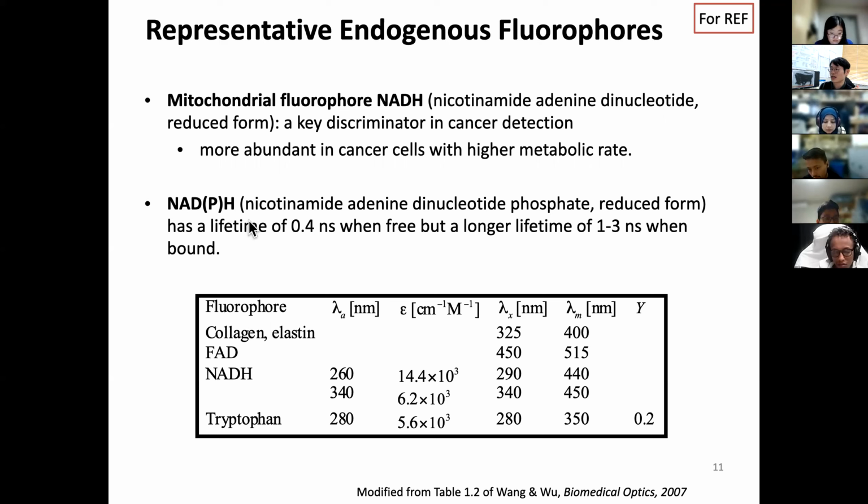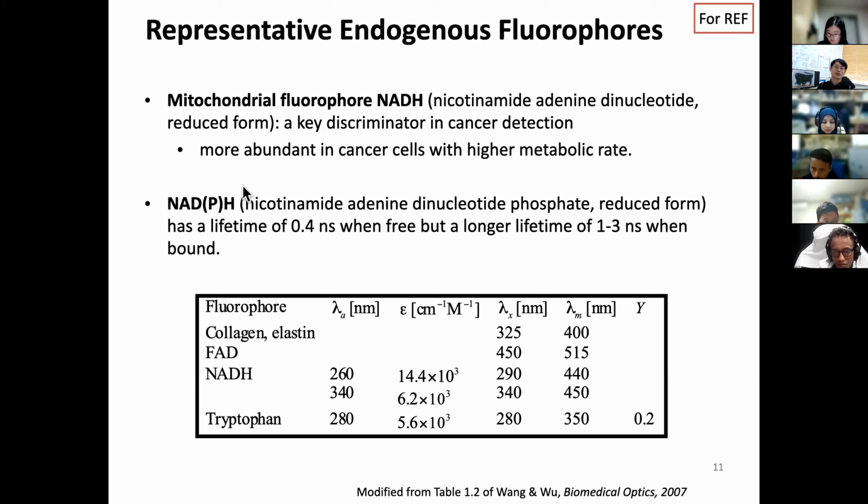Interestingly, they have different lifetimes, 0.4 nanosecond, compared to a longer lifetime when bound. So bound and unbound states have different lifetimes. What it gives us an idea is that by using lifetime, you can actually get a ratio of NADH and NADPH. That sometimes gives you another contrast.